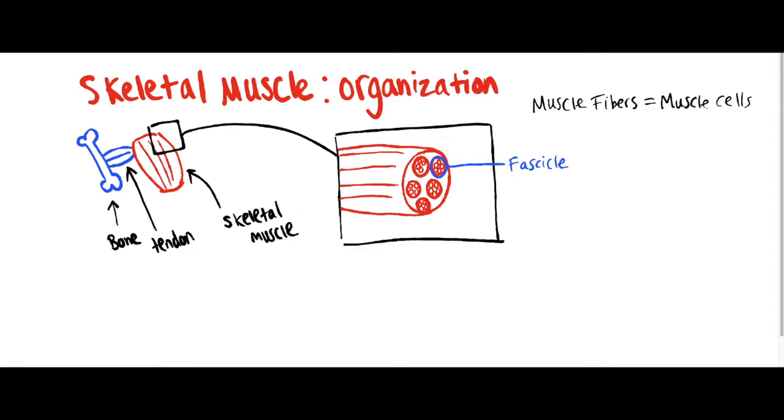So what if we go even deeper into the muscle? If I pull out one muscle fiber right here, let's zoom in on that muscle fiber. Let's say I want to zoom in right here and take a closer look.